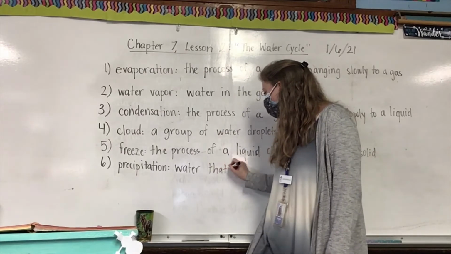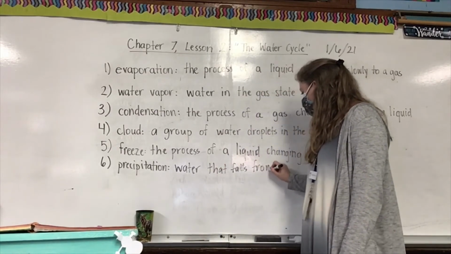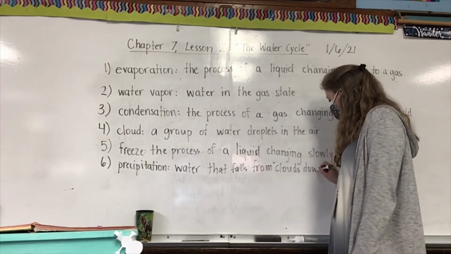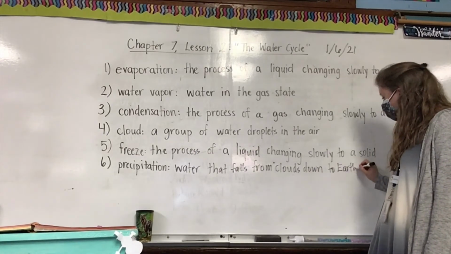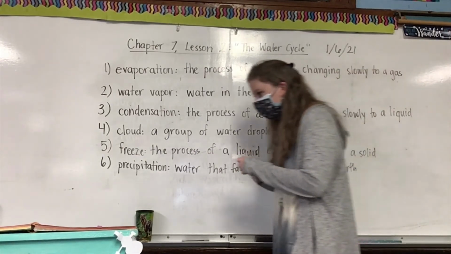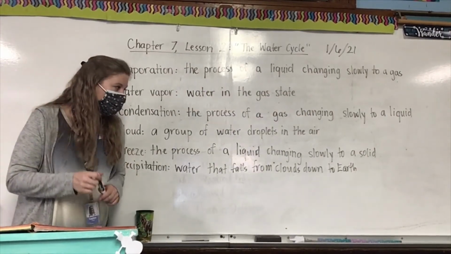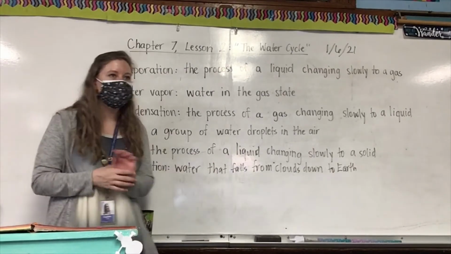Water that falls from clouds down to earth. Remember, earth is the specific name of the planet, so it is capitalized. So precipitation is water that falls from the clouds down to earth. Now it says from the clouds.